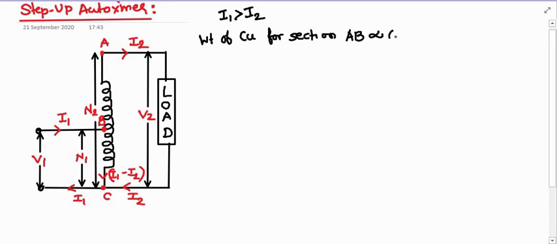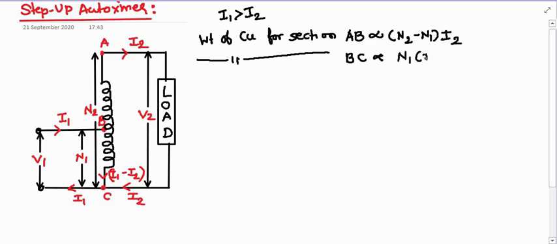What is the section AB turns? Those are nothing but N2 minus N1. And what is the section AB current? That is I2. Similarly, I can write down weight of copper for section BC is proportional to, what is the number of turns of section BC? Those are N1. What is the current? I1 minus I2.